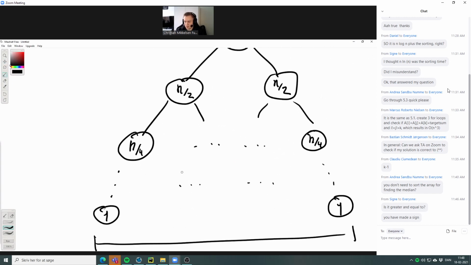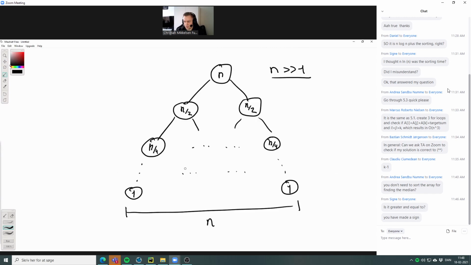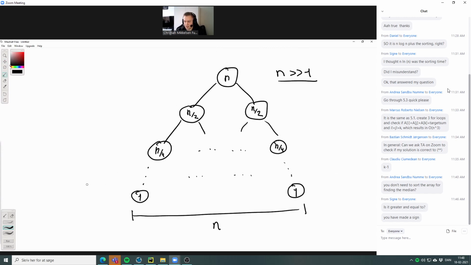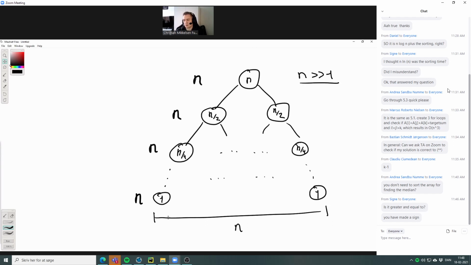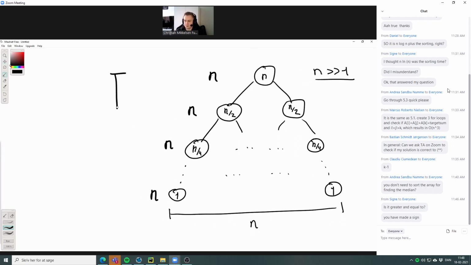But let's just consider what is the height of this tree and how does that correspond to the running time? So up here we have a time on this layer of n. Here we also have a time of n, because we have n half plus n half. And then here we have n over 4, so we also have time n. And here we have n of these that are constant, right? Now, what is the height of the tree?